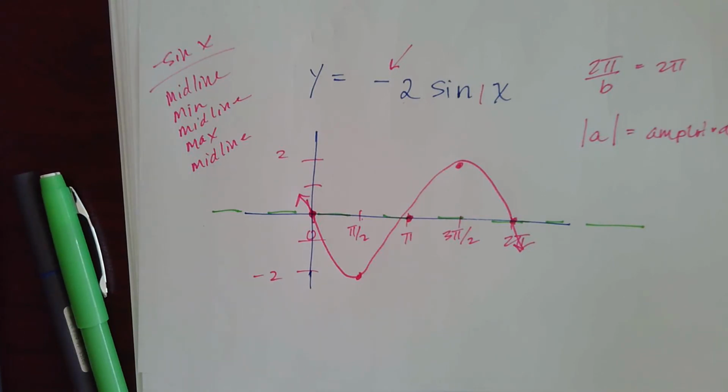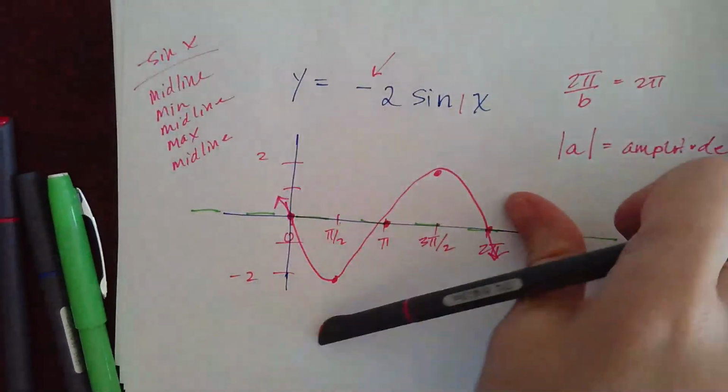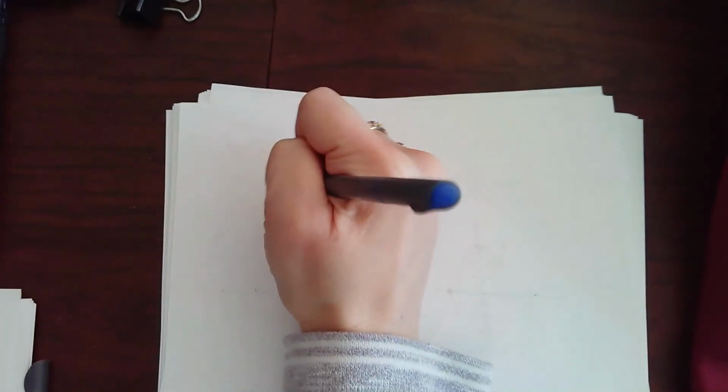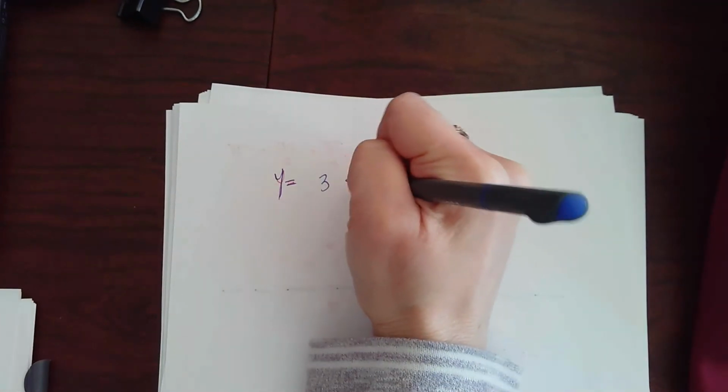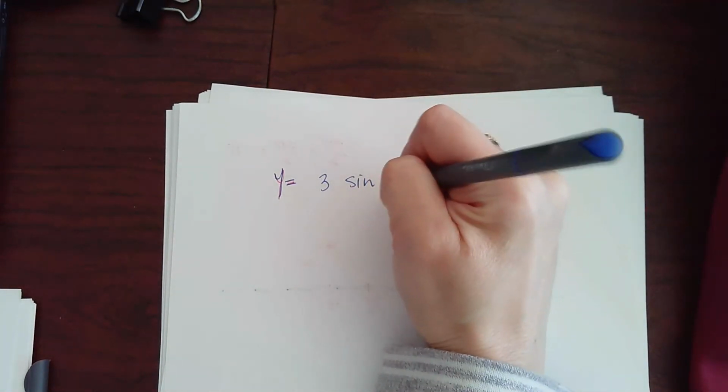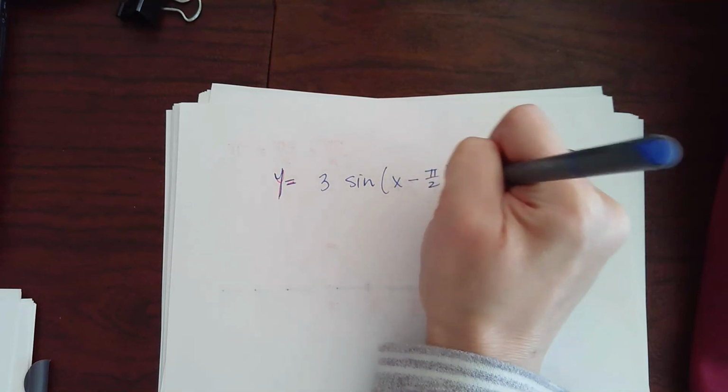All right, let's graph some more, okay? Let's add some H's and K's involved in here. All right, let's do some different stuff here. Let's do y equals 3 sine of (x minus pi over 2) minus 3.